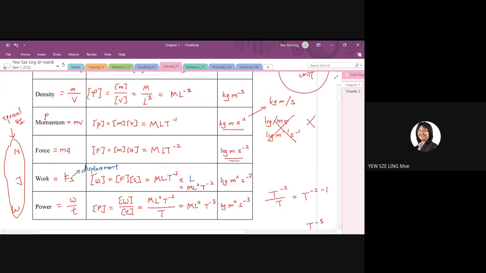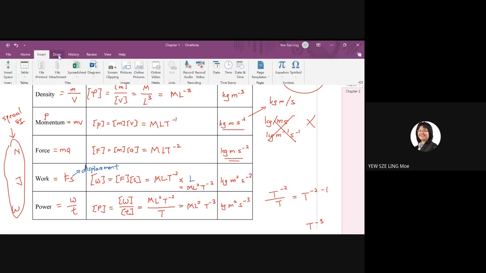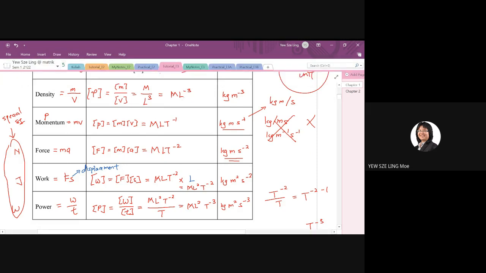For those who got all correct, congratulations, it means you understand how to do the derivation. For those who got it wrong, I give you 1 minute to write down the correct answer. It is very important because when this type of question comes out in the exam, it is worth 2 marks. 1 mark comes from the dimension. The second sub-question usually asks you to transform the dimensions into base SI units, so once you write down the unit, you get another 1 mark.